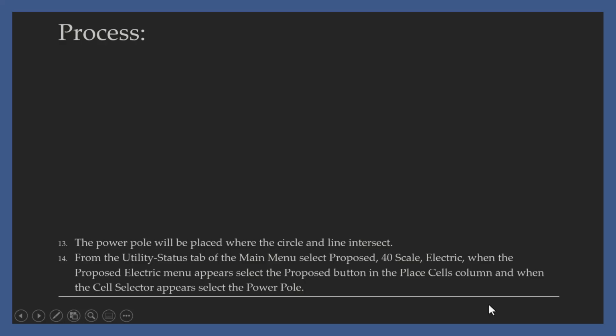The power pole will be placed where the circle and line intersect.